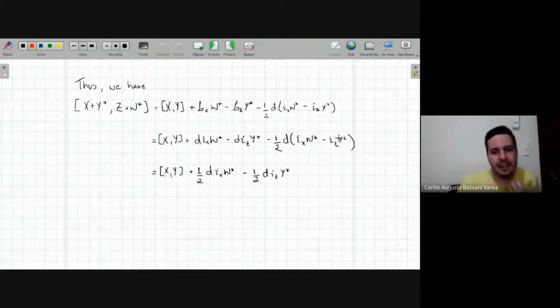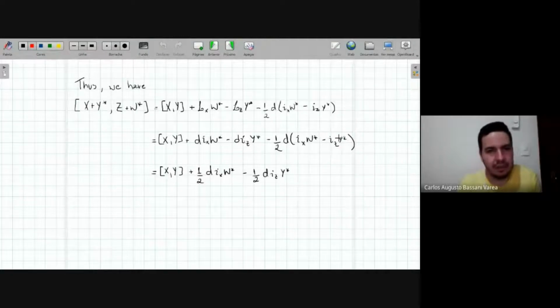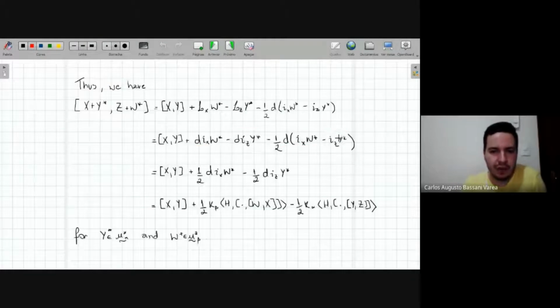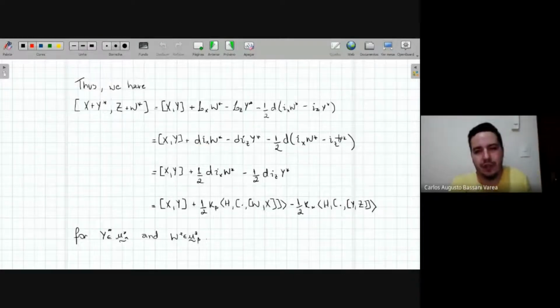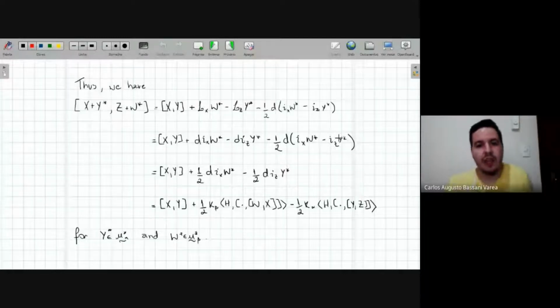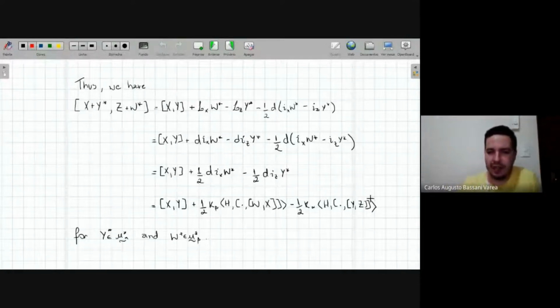So this is the expression of the Courant bracket. But we have this other identification for the differential of this guy, so we can replace this expression here. So in terms of the elements of the Lie algebra and its dual, the Courant bracket is given by this formula in here, okay, where I am taking y and w elements in u alpha and u beta star.